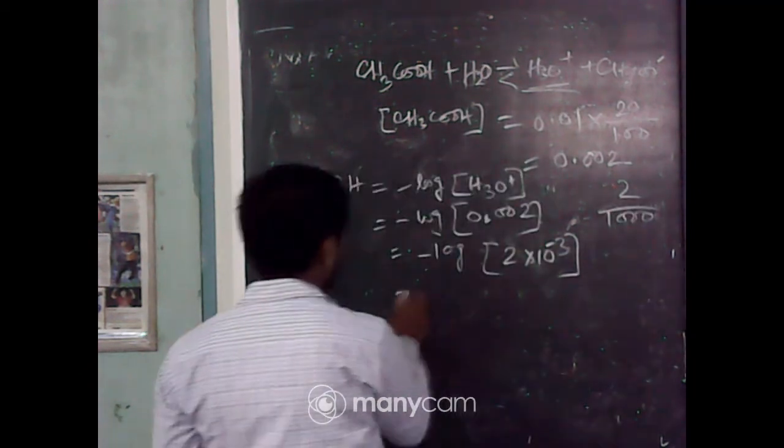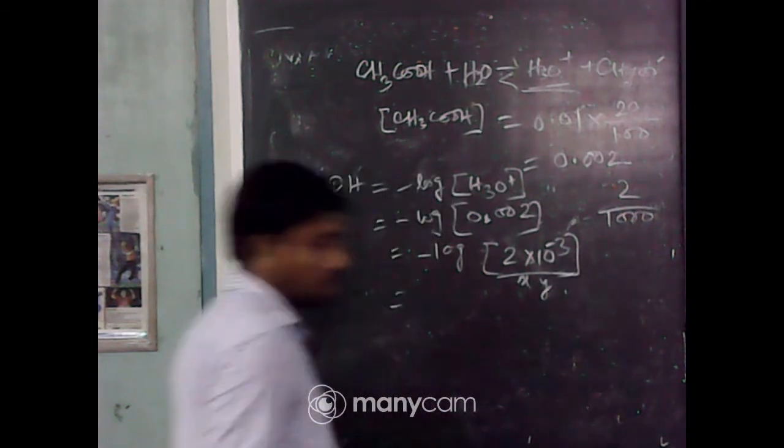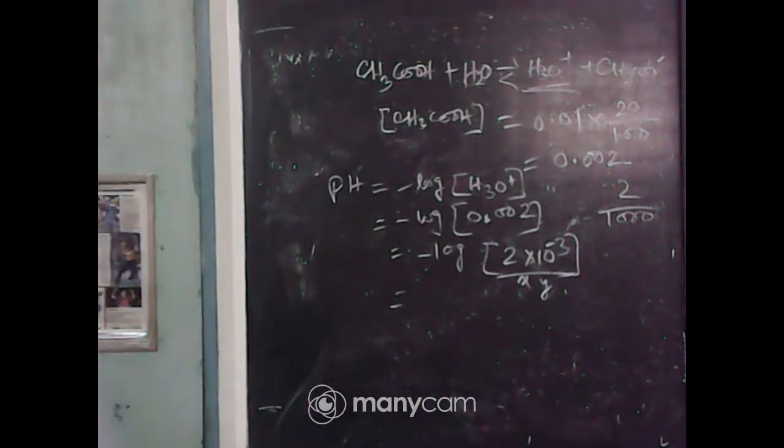Next, it will be assumed as xy, that is log xy. Now, we will use the simple rules, that is log x plus log y, and in the next step it will come log x to the power y.